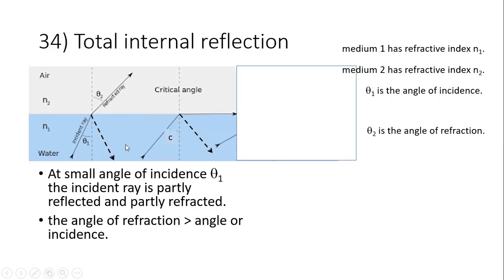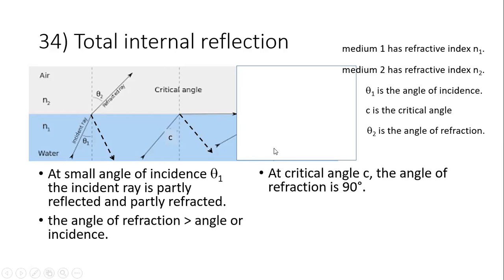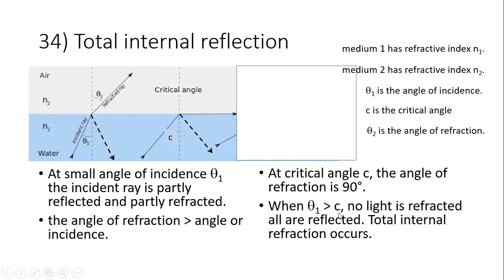At a certain angle called C, the critical angle, this refracted ray will be at 90 degrees to the normal. That's the normal. At critical angle C, the angle of refraction is 90 degrees.